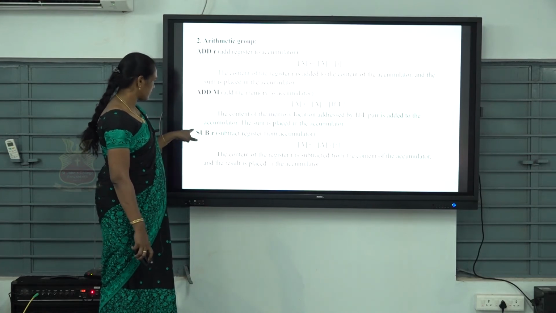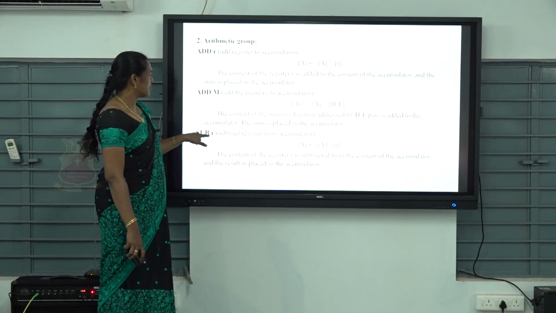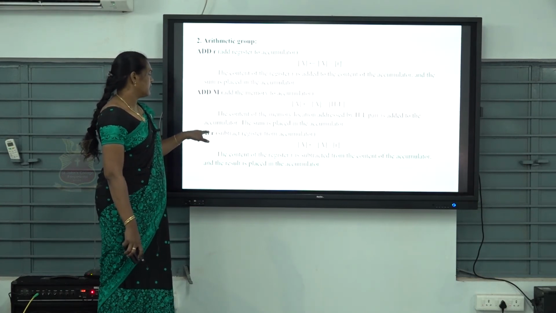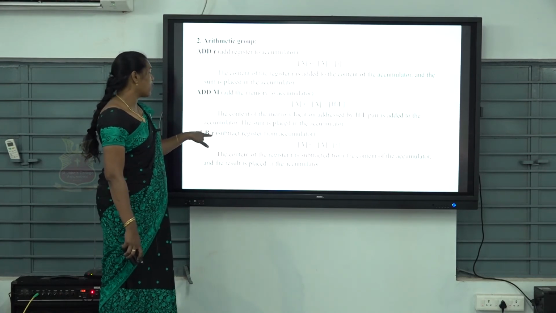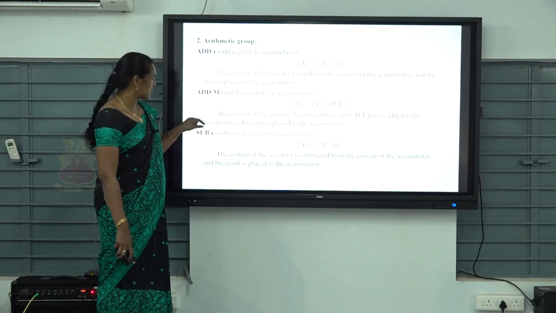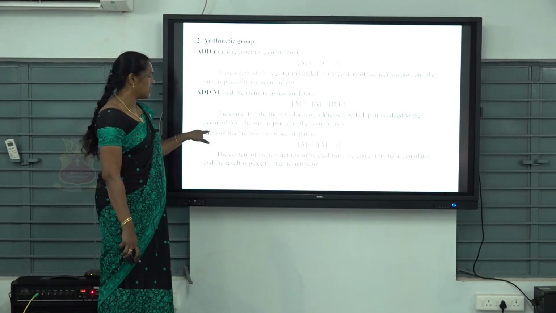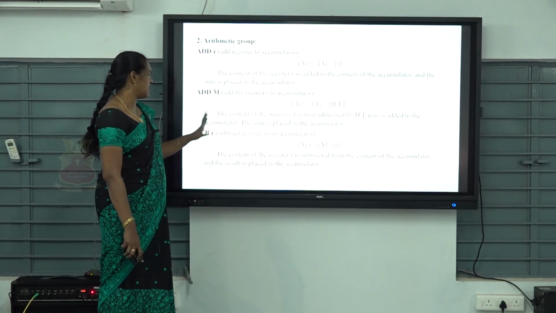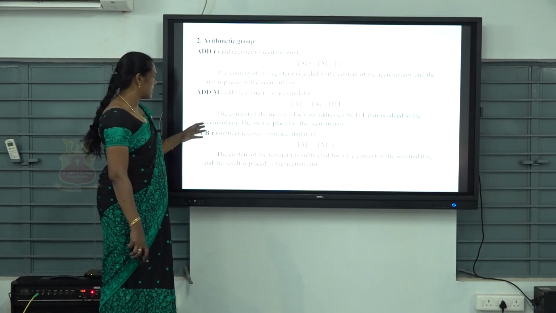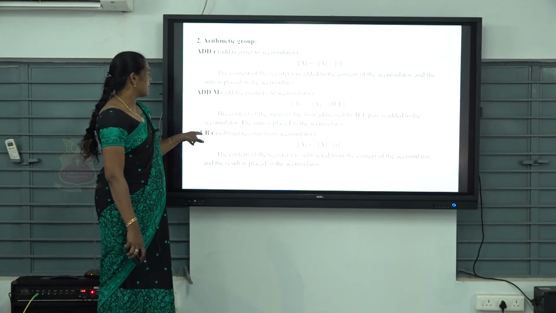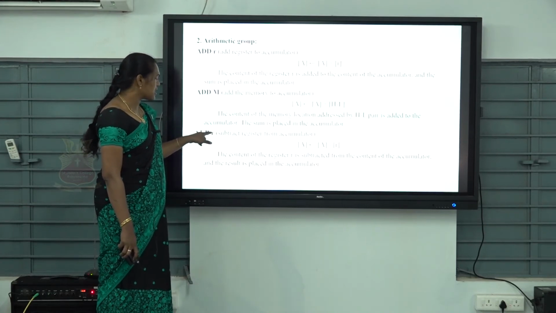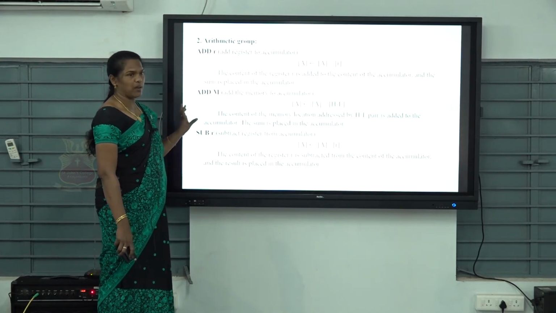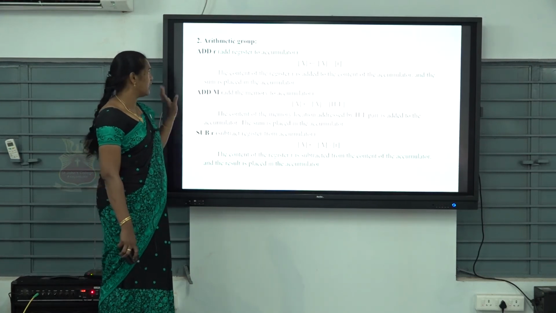So SUB R means the R may be any 8-bit general purpose register, B, C, D, E, anything. SUB A may also come. So SUB B, then the B register content is subtracted from the accumulator and the result is stored in the accumulator.